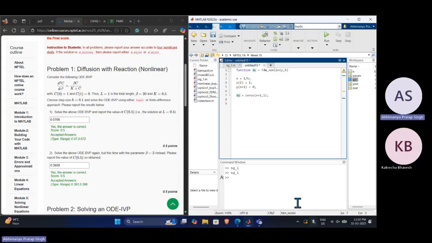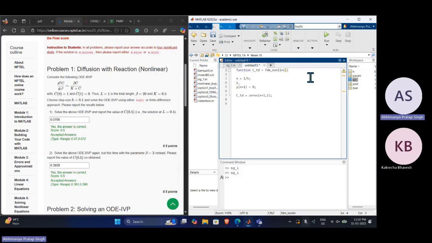This is not dy, write it as c. Take c as input.